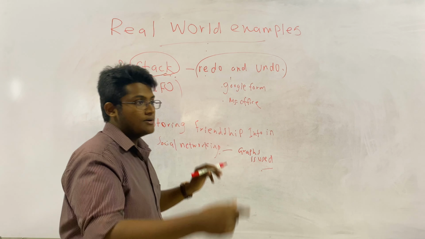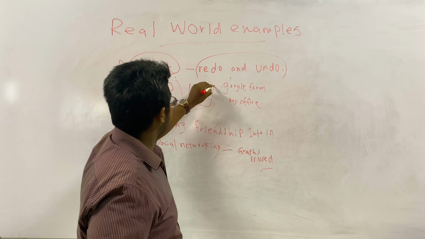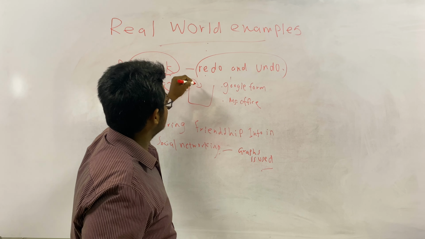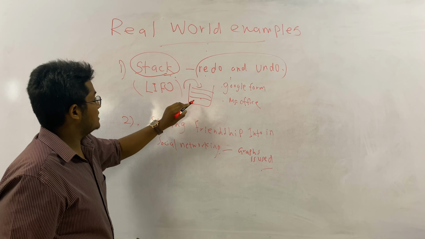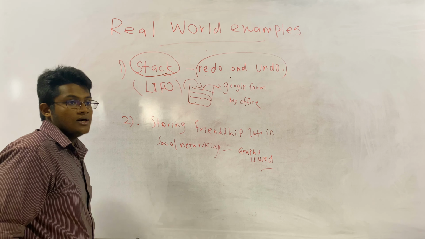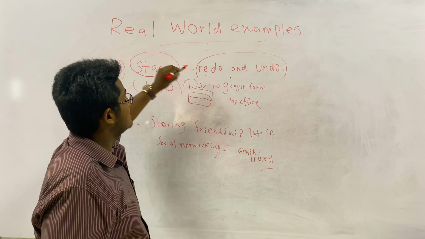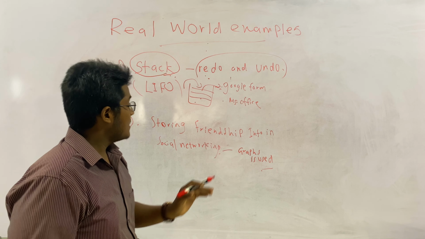I will describe this further in further videos. This is a simple representation of stack. Last in, first out. So by using stack, the redo and undo operation is done.